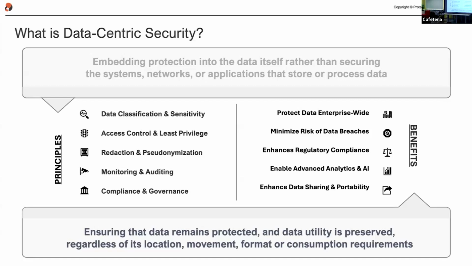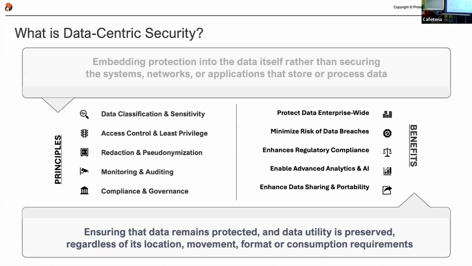Mostly the focus of organizations is on securing the systems, networks, or applications, right? But we all know that somebody can always break the systems, hack the network, hack the applications, and reach the most precious entity, the data. What we deal with is protecting that entity.